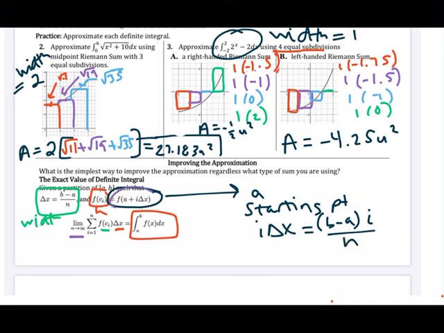So this notation, f of a plus i delta x, is saying the first endpoint, then the second endpoint, then the third endpoint, as we're moving further to the right, evaluating our functions, whether we're using a right, left, any kind of Riemann sum. So this is representing the starting point, wherever the interval we're integrating over starts at, a, plus the change in the width to find the height.